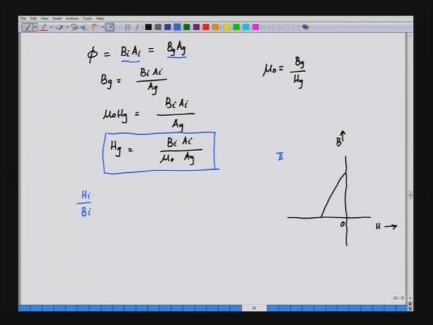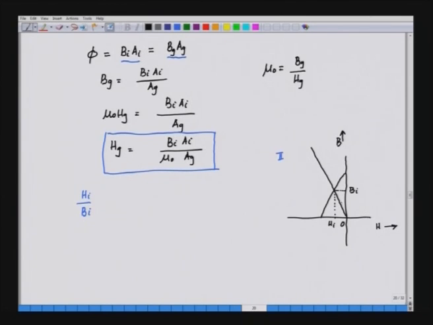Now, suppose the operating point here is Bi, this is the flux density, and the corresponding H is here in the x axis, that is Hi. So, if this is Bi and Hi, I can draw a line through the origin passing through this particular point. Now, we will try to see the significance of this line.